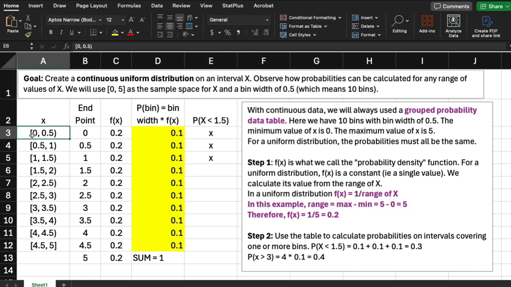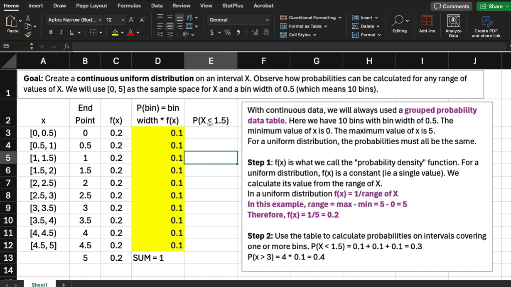These are the 3 bins that have x less than 1.5, right? And so to calculate that probability, you just add up these 3 numbers that you see in column D. So the probability of x less than 1.5 is equal to 0.1 plus 0.1 plus 0.1, which is 0.3. So you can actually use a grouped probability data table for continuous data to estimate probabilities of outcomes. You can do that. It's totally fine.